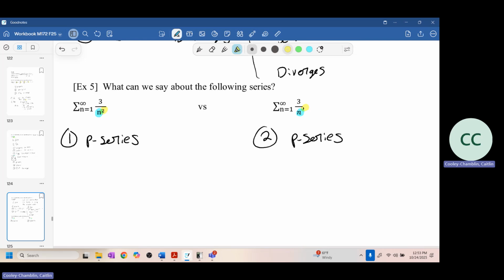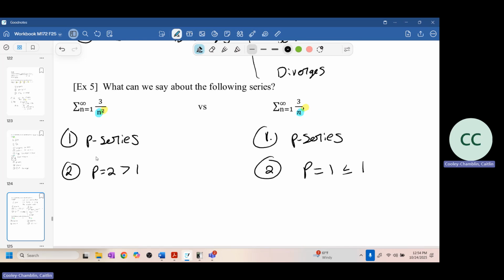So step 2, P is equal to 2, which is greater than 1. Guys, apparently I can't count today either. Here, P is equal to 1, which is less than or equal to 1.